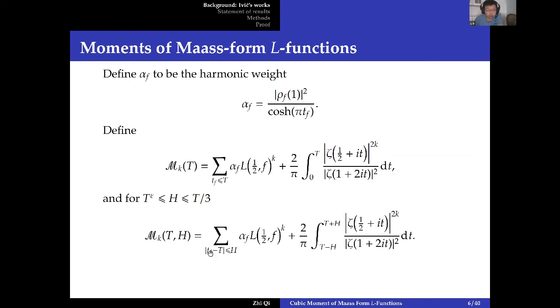This is a short window version of the previous K-th moment. We're going to take this H as small as T^epsilon, and take it to be as large as say T over 3. If H is T over 3, then this is actually a dyadic interval, and you can go back and forth between this case and the non-interval case.